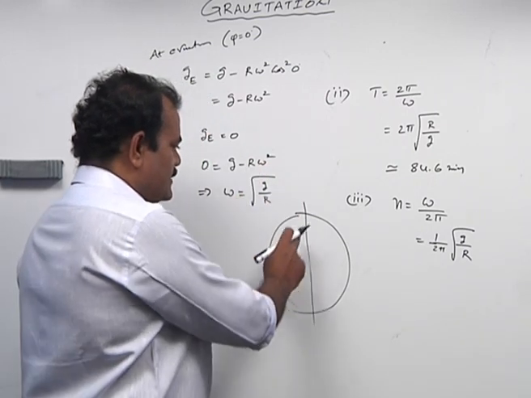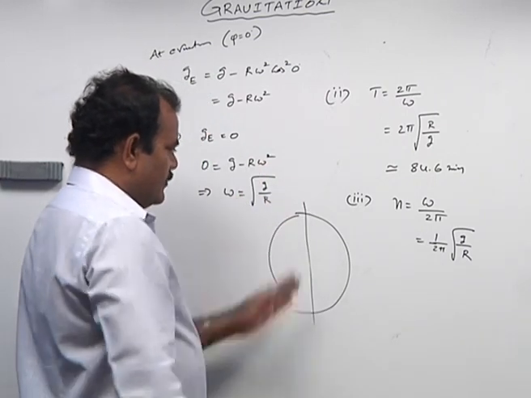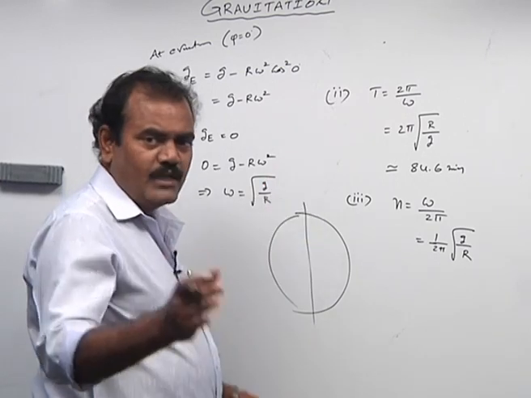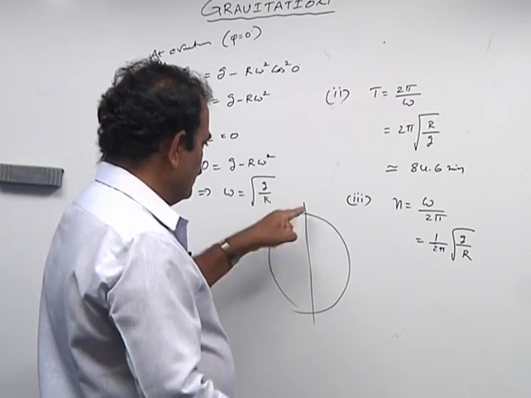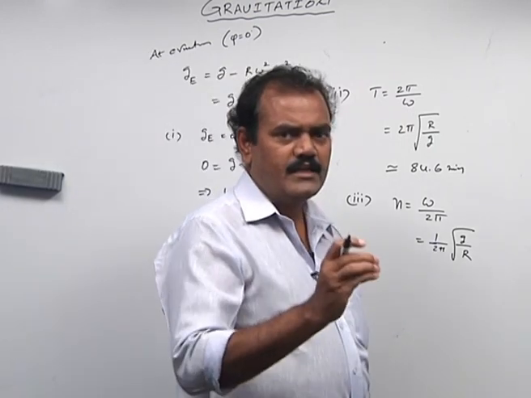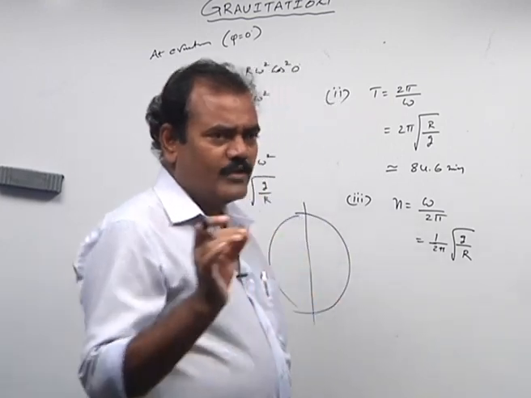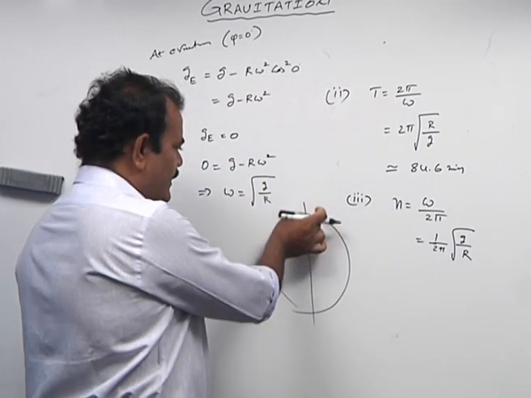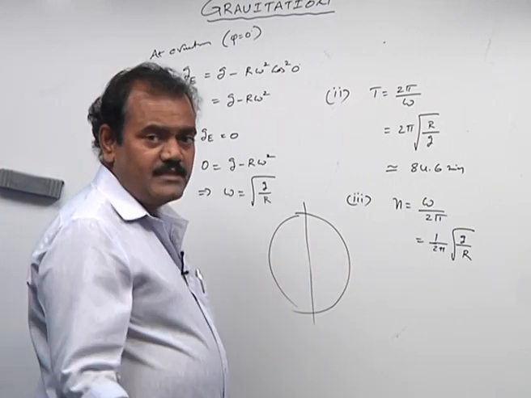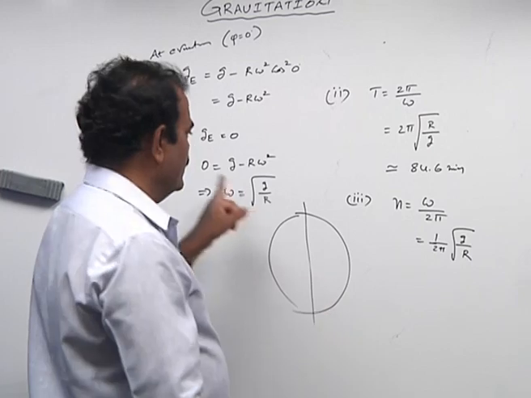But we can experience those changes when moving away from the polar axis, that is at any angle other than phi equal to 90 degrees, at any other latitude, and that change will be maximum at the equator. Why?